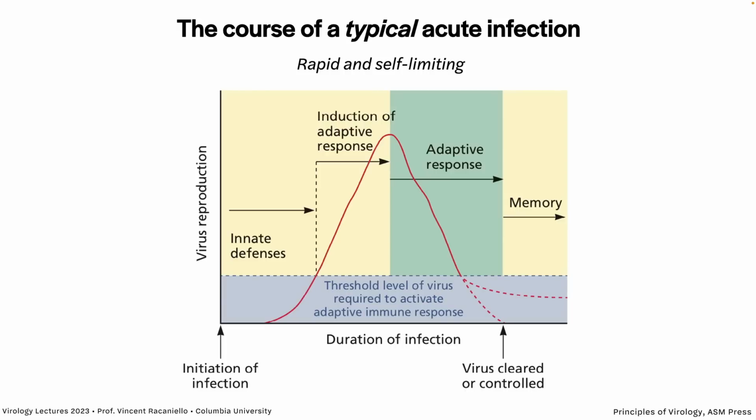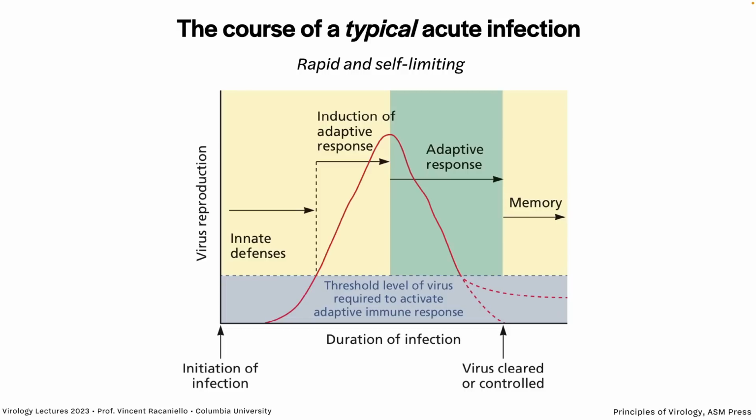So here's the course of a typical acute infection. Again, the characteristics being rapid and self-limited, but they're not necessarily short. They're just self-limiting. So we have on this graph virus reproduction on the y-axis again, and on the x-axis it's the time. And we have initiation of infection there at the origin. And then the red line is virus production.